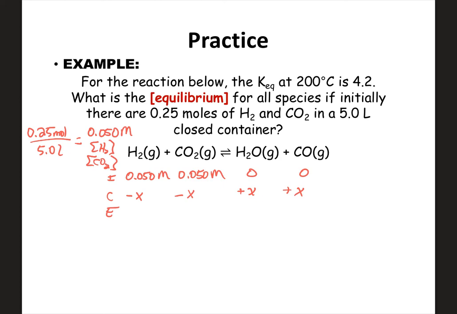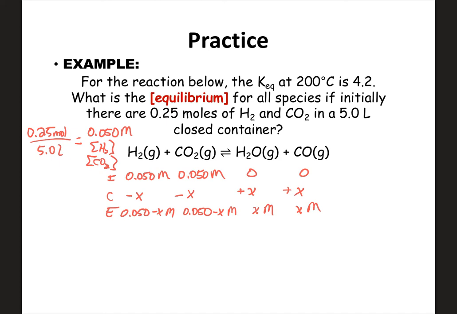So now when I write my concentrations at equilibrium, I get 0.050 minus X molar. Same thing for this one, 0.050 minus X molar. This would be X molar at equilibrium, and this one would be X molar at equilibrium. So now I have all the concentrations here at equilibrium.